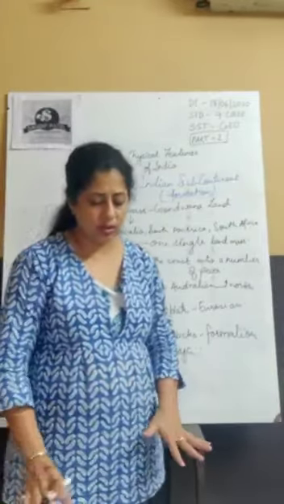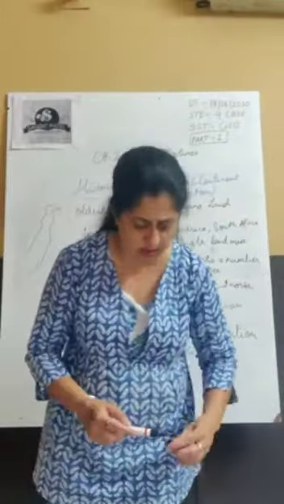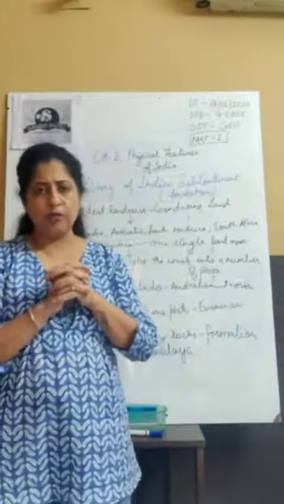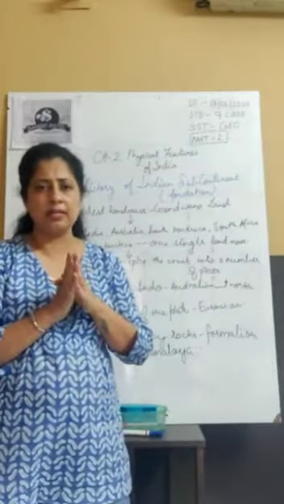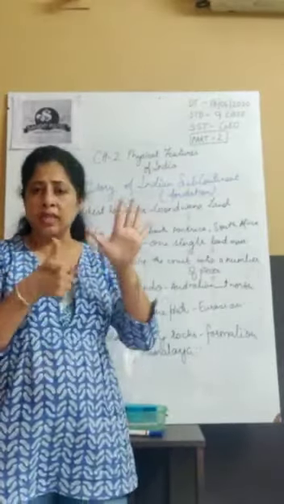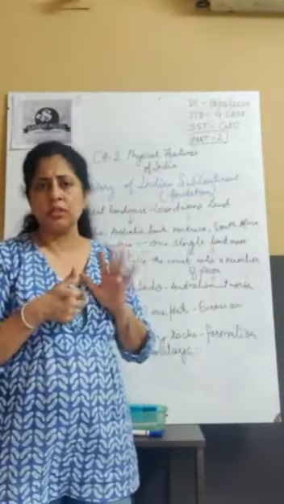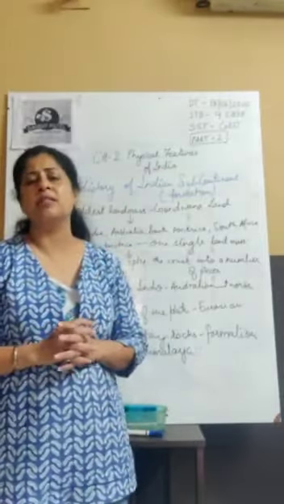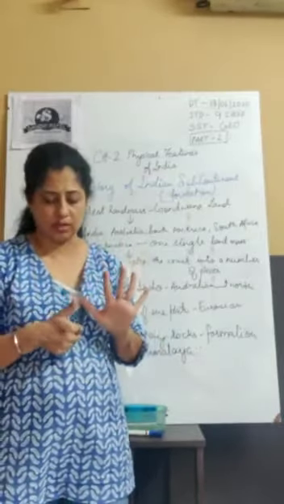So now, children, the next topic is the major physical divisions of India. If you look at this, our India is divided into 6 major physical divisions. So the whole Indian landmass is divided into 6 major physical divisions.